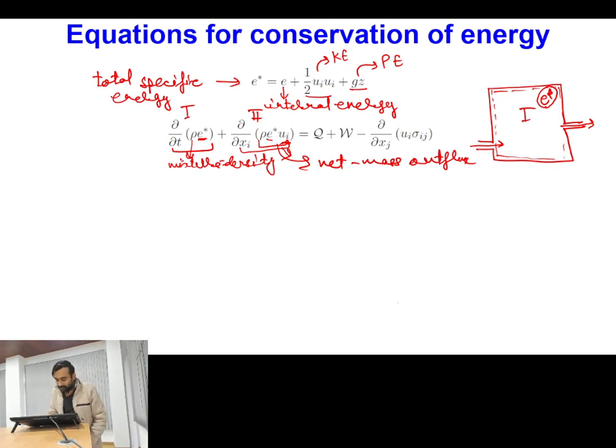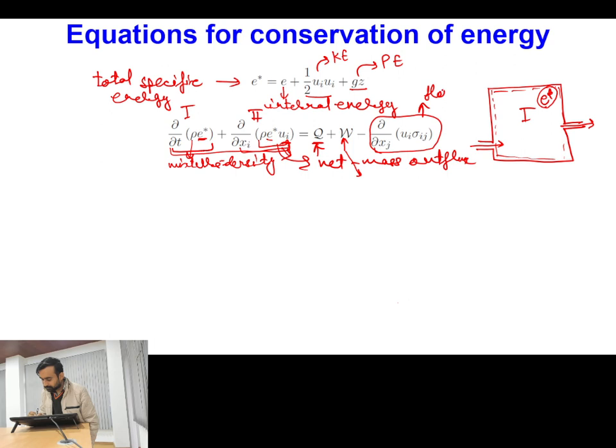Then this is the total change in energy of the system. So the total change in energy of the control volume has to be equal to the net heat and work interaction. So Q, any heat interaction, W, any work done on the system. And then along with this, what is this?